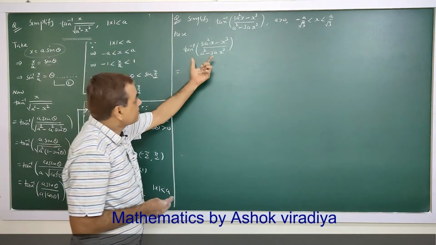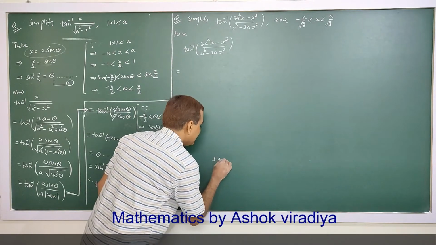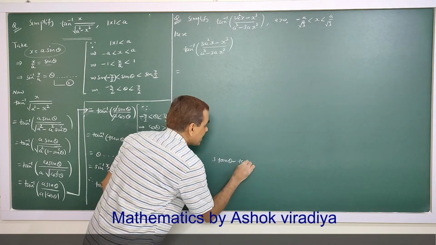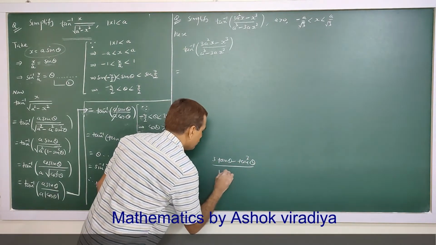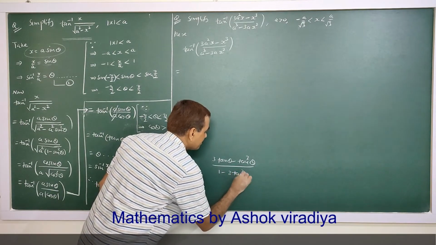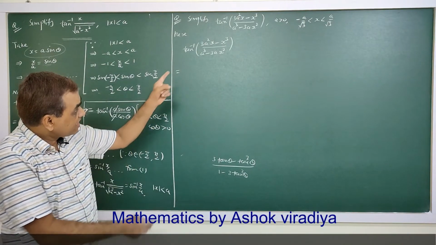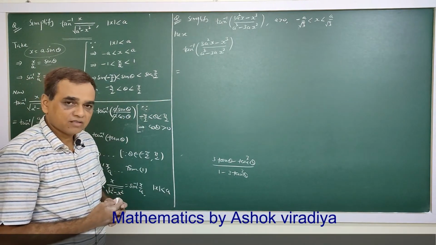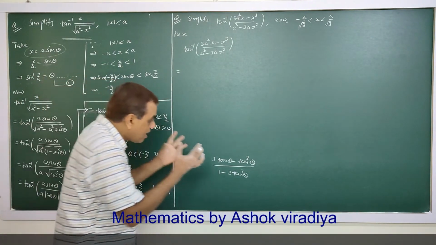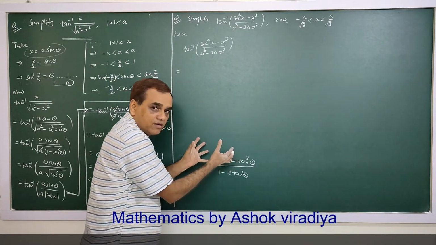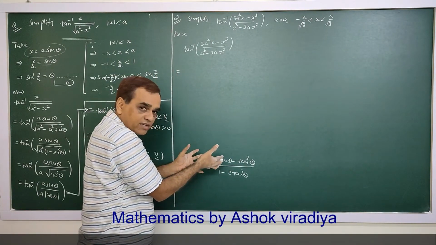You can see that this is something like 3 tan theta minus tan cube theta upon 1 minus 3 tan square theta. This is hidden in this expression, and we want to bring out this pattern.